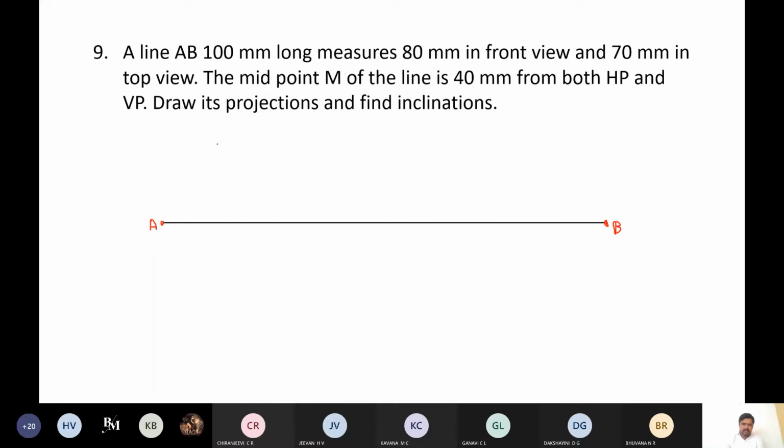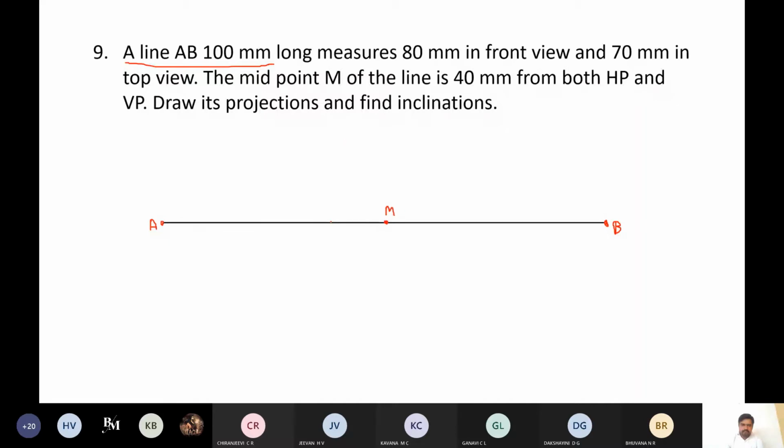But here, along with AB, we should consider the mid of AB. If the length of the line is 100 mm, its midpoint will be at 50 mm. Consider the center of the line AB, that is called the midpoint, and name it M.